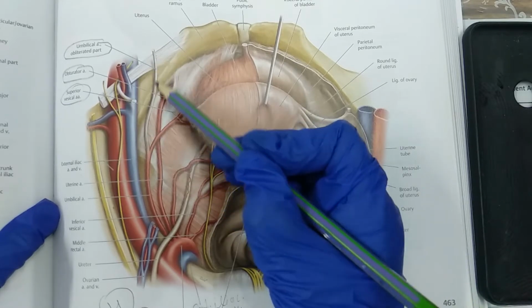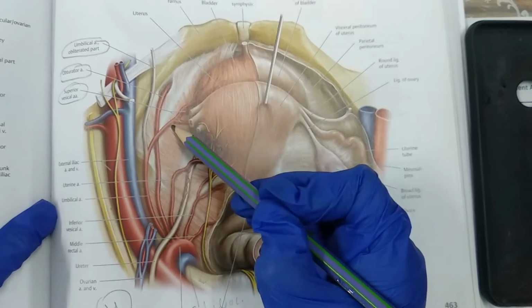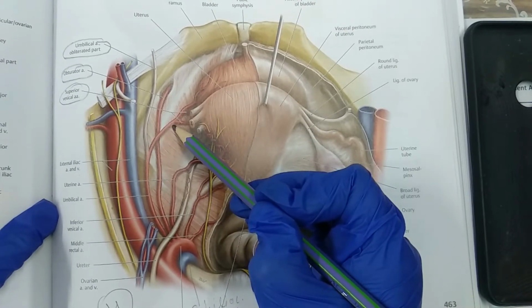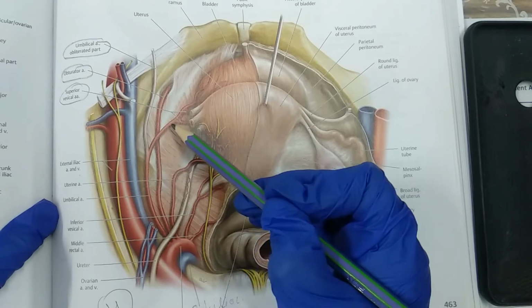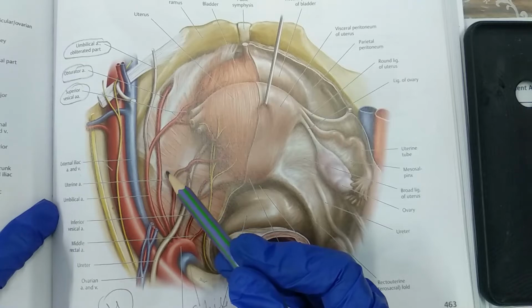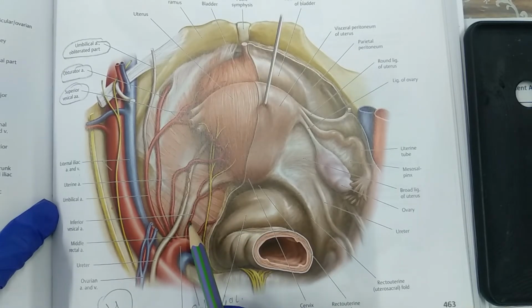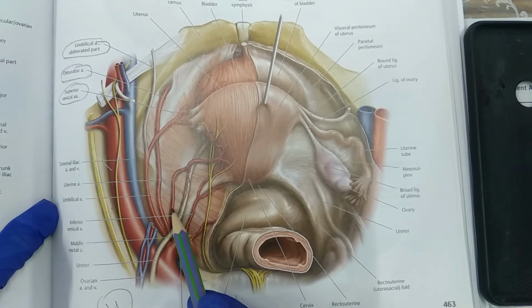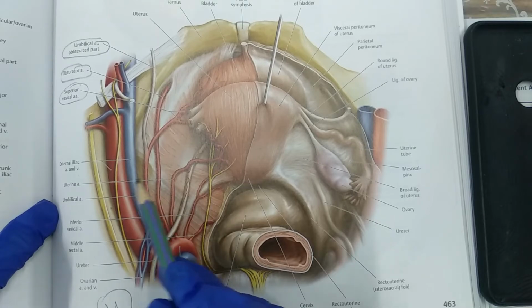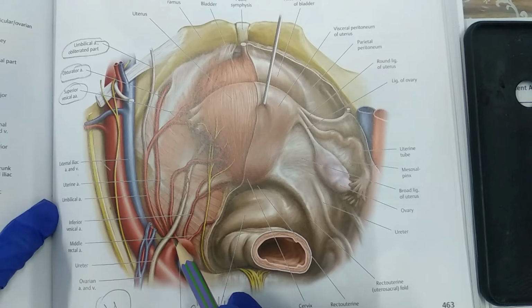This is the obliterated part of the umbilical artery, obturator nerve and superior vesical artery. Along with that, obturator vein and inferior vesical vein and the inferior vesical artery and the middle rectal artery. These are all the structures which come on the lateral relation of the ureter.